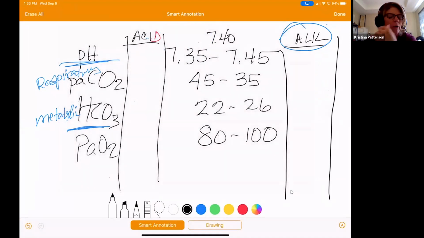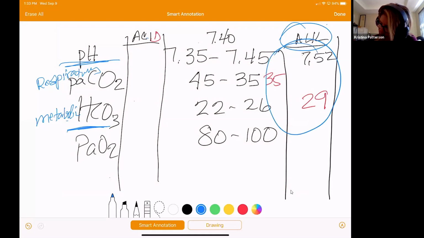Okay, so we're back to our original thing, and 7.52, 35, and 29. All right, so our match is right here. So we have a metabolic alkalosis, which was our suspicion, and we do not have compensation, okay? So we have a metabolic alkalosis and uncompensated.